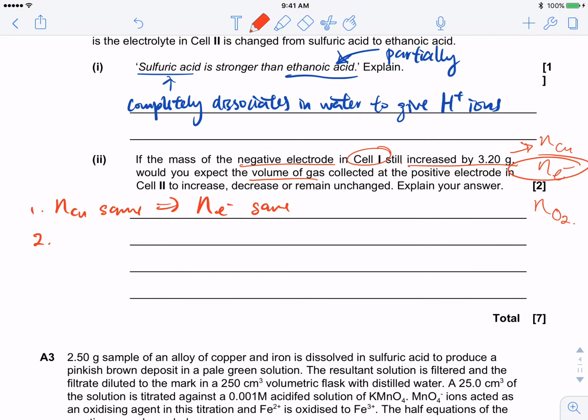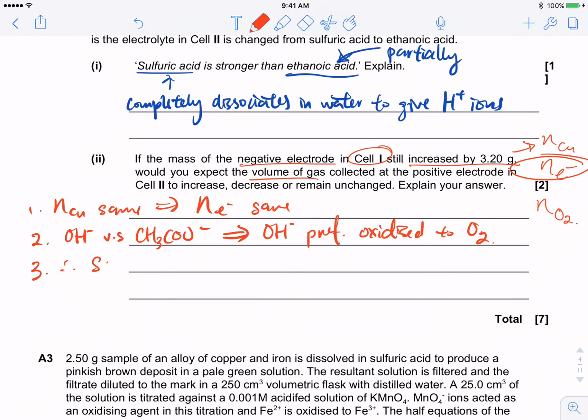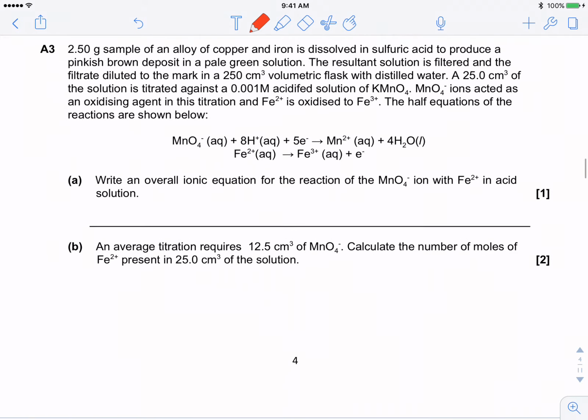Two, OH minus versus CH3COO minus, OH minus preferentially oxidized to O2 still. So therefore, same mole of oxygen gas produced, same volume of oxygen gas.